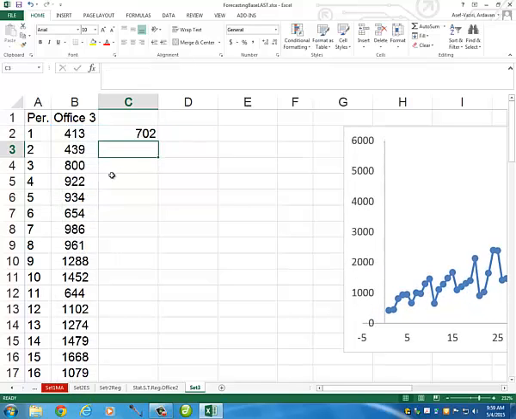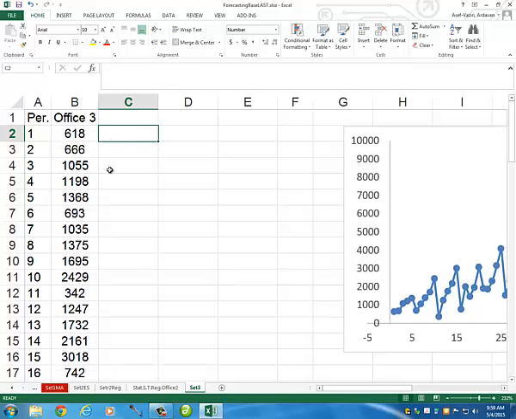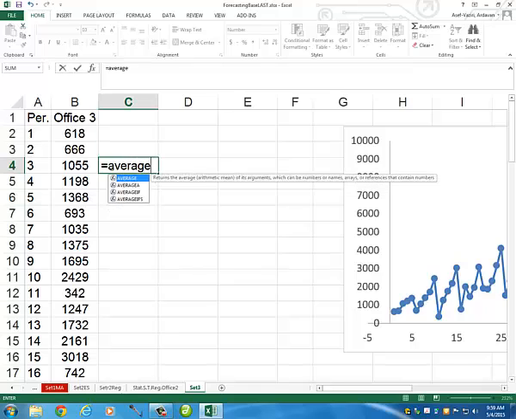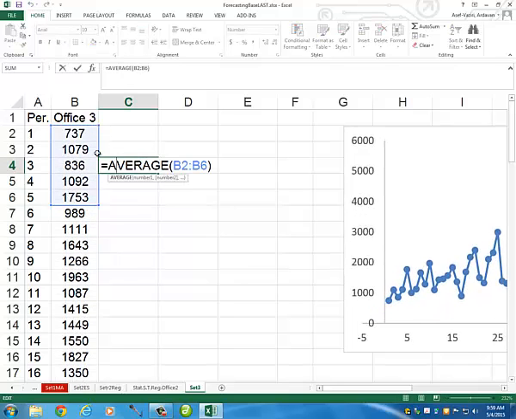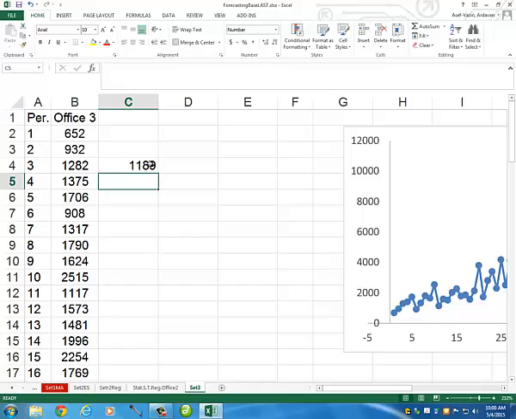A better way is to forget that one, come to the middle point here and say equal to average. Now, if I look at this data, I see that the farthest piece of data is just 2 periods away from here. That is better, and we call this centered moving average.